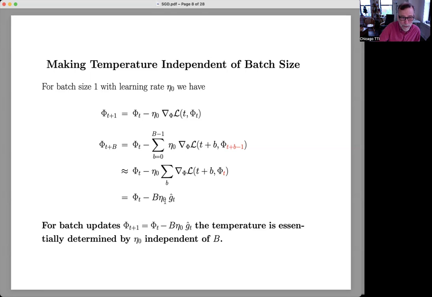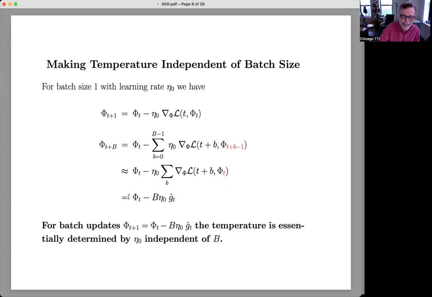Now I can make these equal if I make this 1 over the batch size times the sum, but then multiply by the batch size. So this update with batch size B is roughly the same as running at batch size 1. So this is going to give us the same temperature as a function of eta 0, the temperature that batch size 1 runs at.